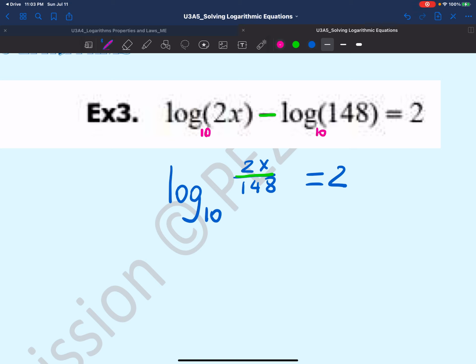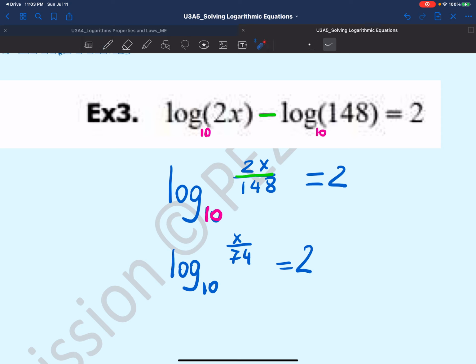I wanted to make the base visible because now we are about to use it. Remember that we need to solve for x. We'll simplify the expression inside the log. That's x over 74 equals 2.